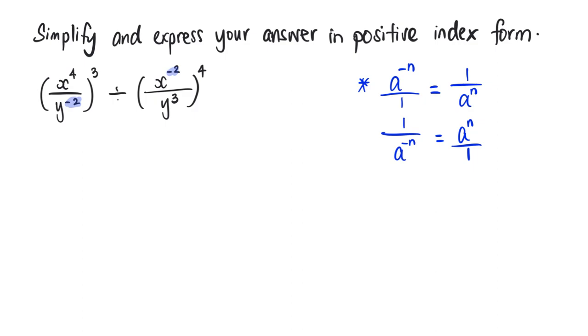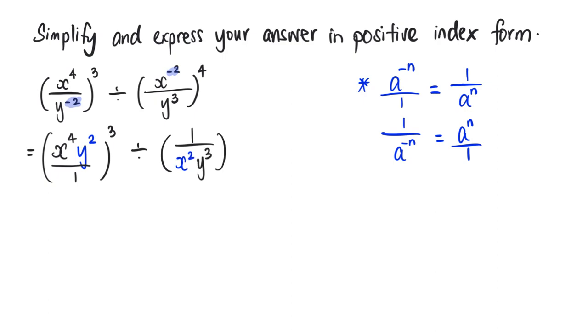Okay, so meaning that the base, when it goes from numerator to denominator, the power actually changes from positive to negative. And therefore, you will see in my next step that I will have x power 4, y power 2 over 1, because there are no more terms underneath, cubed, divided by 1 over x power 2, the y power 3 is still below, this one is power 4.